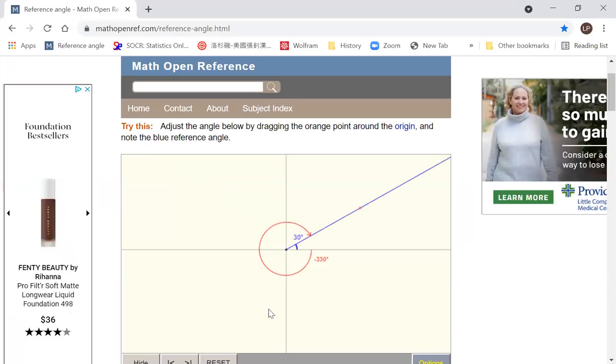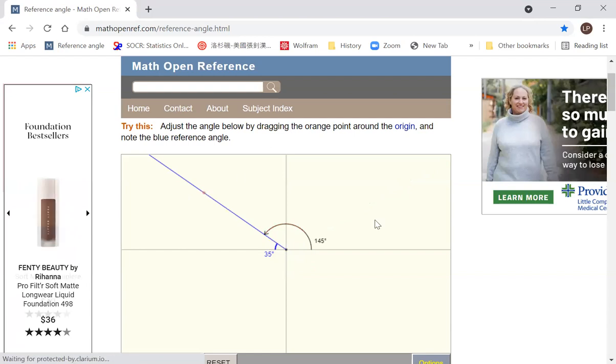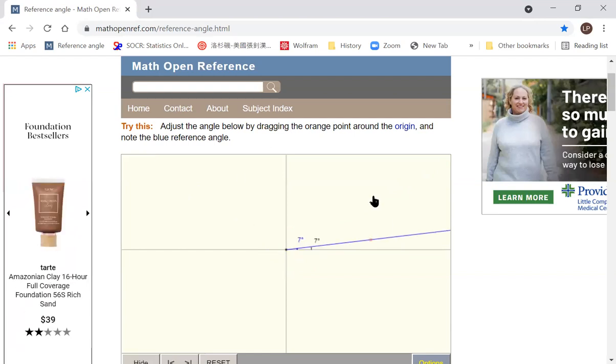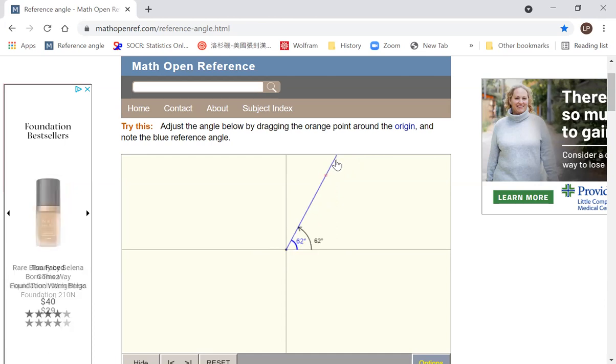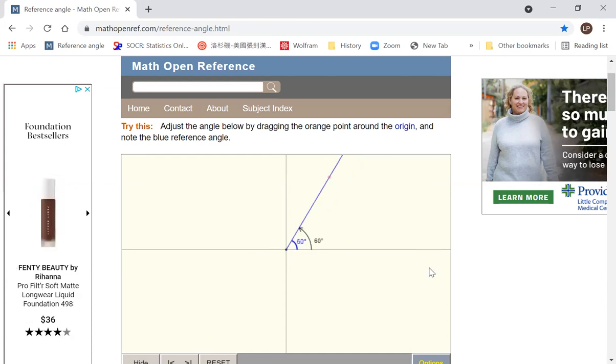You measure 60 degrees from the center position. It is in the first quadrant, all right? But what's the reference angle? It's 60 degrees itself. Okay. All right.